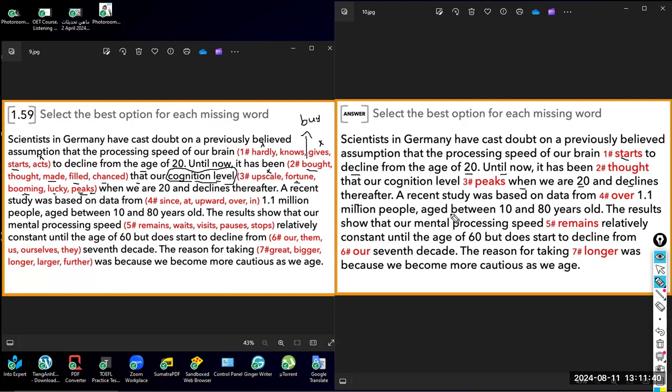A recent study was based on data from over 1.1 million people. I cannot, guys, say from with sense. I cannot use a preposition like with after from, or from at. Come on, guys, I cannot say from at, or from upward, or from in. Notice that these are two prepositions, so I cannot say it like this.